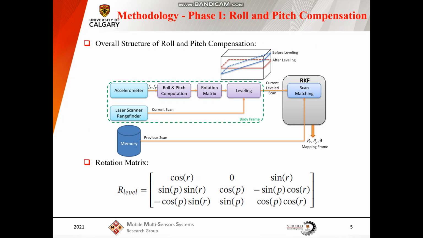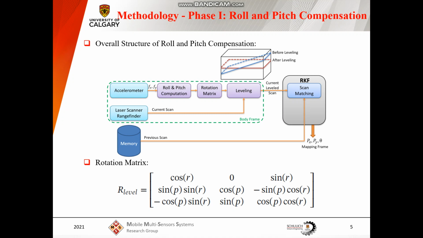The roll and pitch angles of the MAV are calculated from the accelerometer measurements. These angles are used to calculate the rotation matrix and consequently level the current scan in the body frame. The current leveled scan in the body frame, together with the previous leveled scan in the mapping frame, are fed to the improved reference keyframe IRKF algorithm to perform the scan matching process.